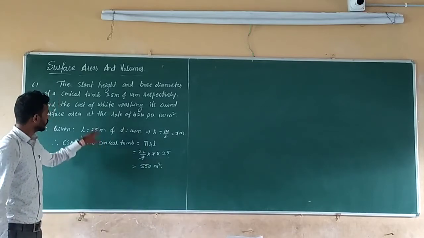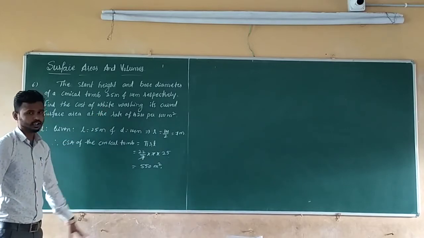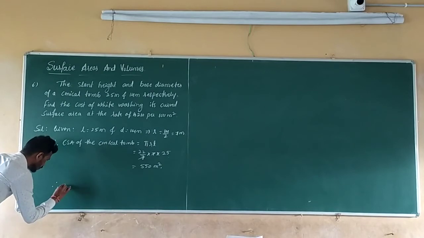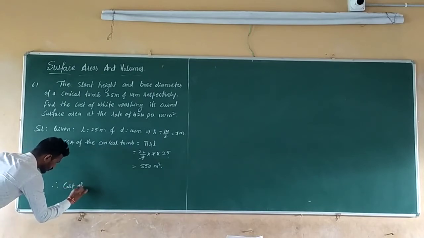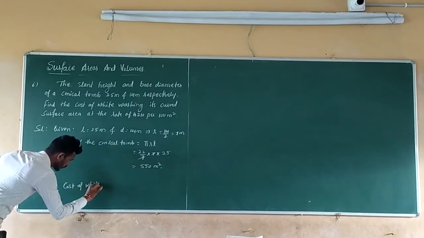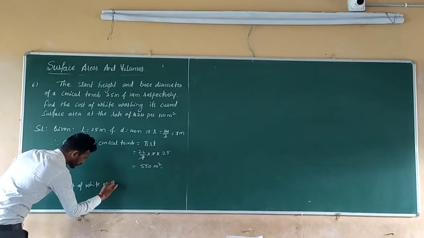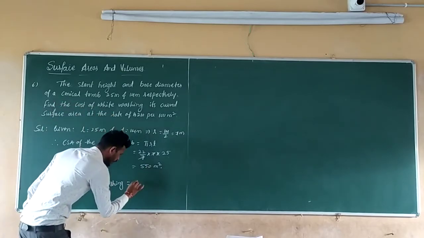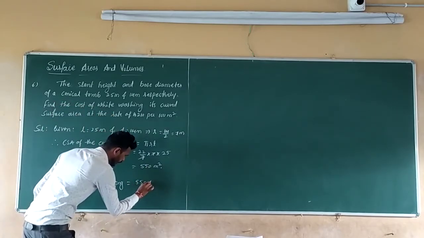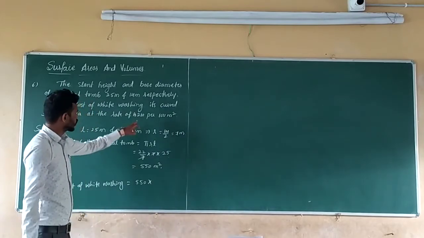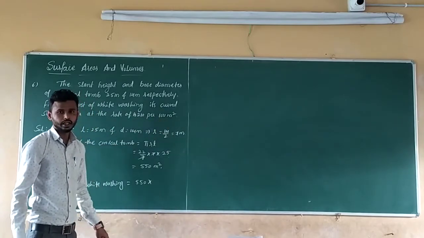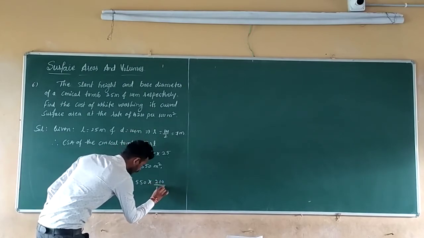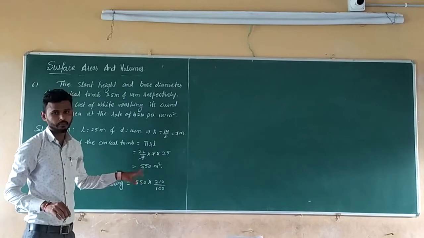Now find the cost of whitewashing the CSA of the conical dome. Therefore, cost of whitewashing is equal to area 550 into the rate, 210 per 100 meters square, that means 210 divided by 100. Per means divided by.